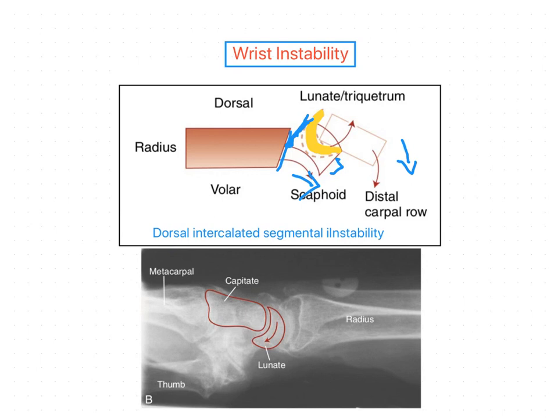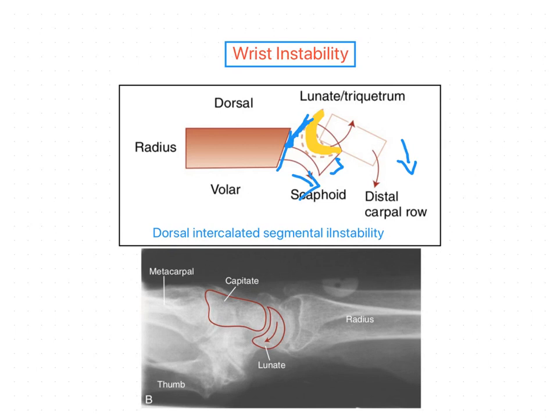This zigzag pattern of these three segments is known as intercalated segmental instability. The flexed distal carpals glide dorsally on the lunate and triquetrum, which are in extension, which causes a zigzag pattern of these three segments, that is scaphoid, lunate, triquetrum and distal carpal row.